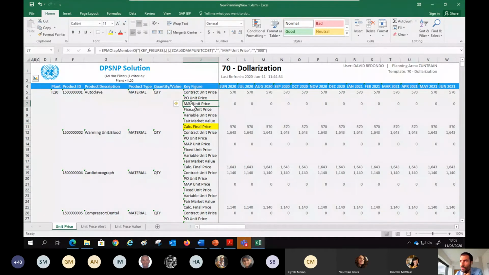For example, if we have been acquiring this product at $500, let's say for the last year, or $570, it would be 570. But then if we start acquiring this product at a lower price, then the moving average price would be reduced.